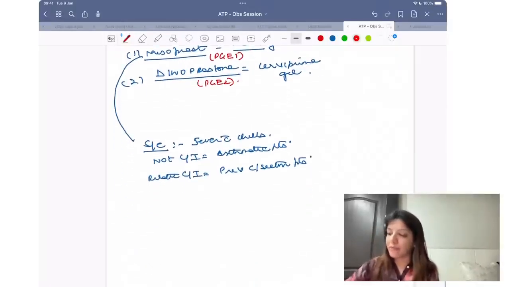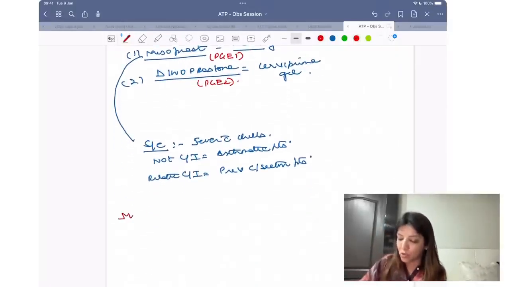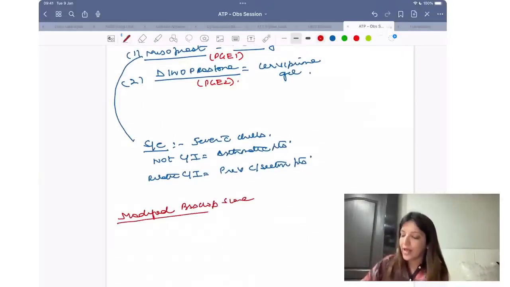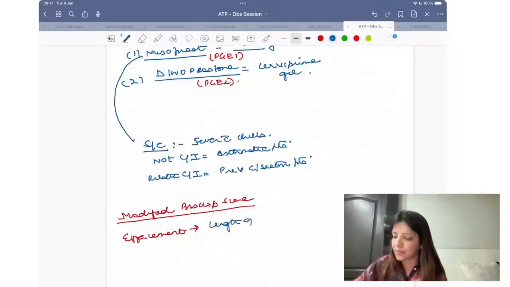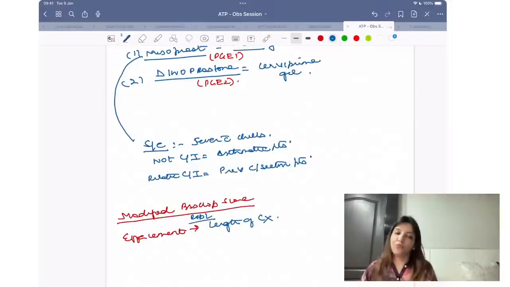Another thing which I want you to remember is modified Bishop score. In modified Bishop score, the only thing which is done is that effacement is replaced by length of cervix. So it's Delhi Police Length Special Commandos instead of Employed Special Commandos.